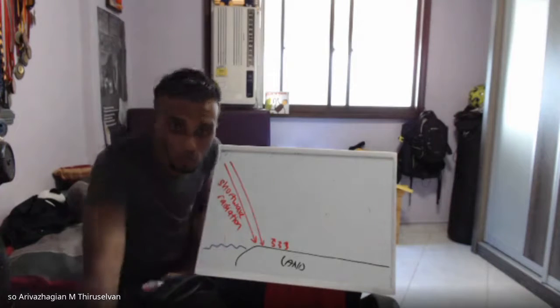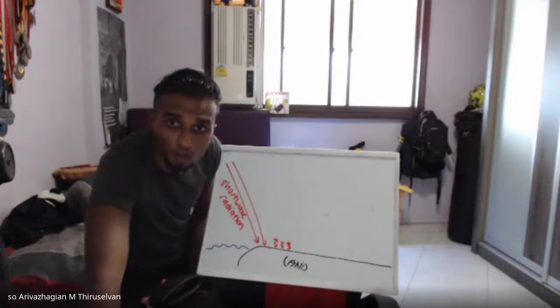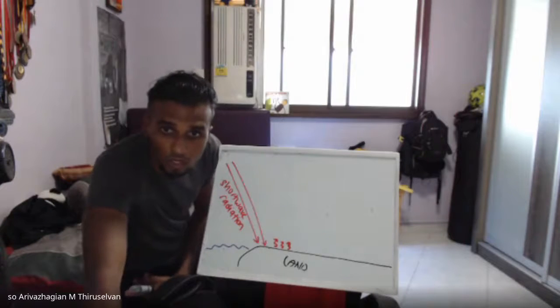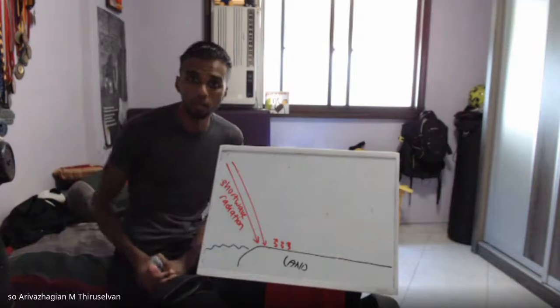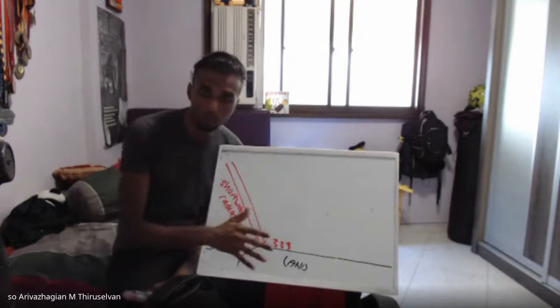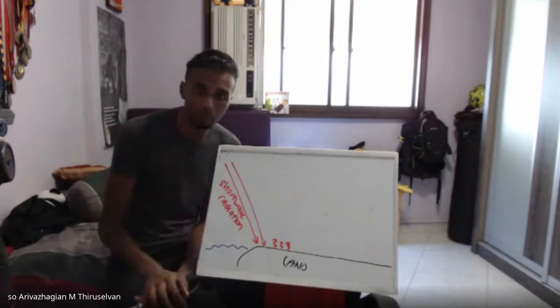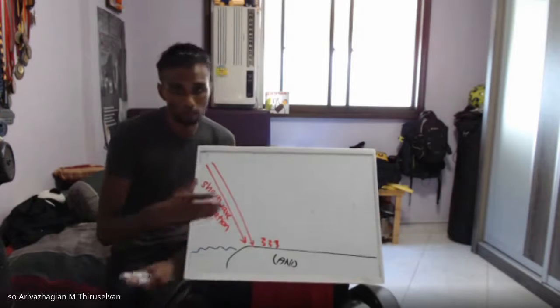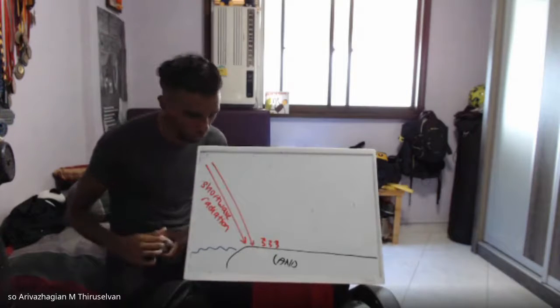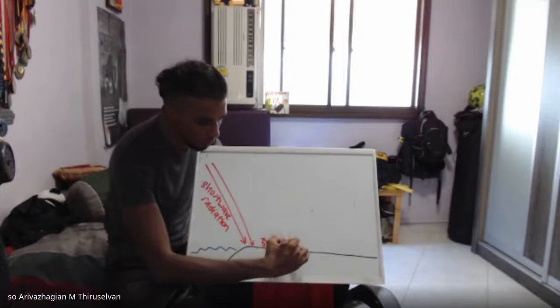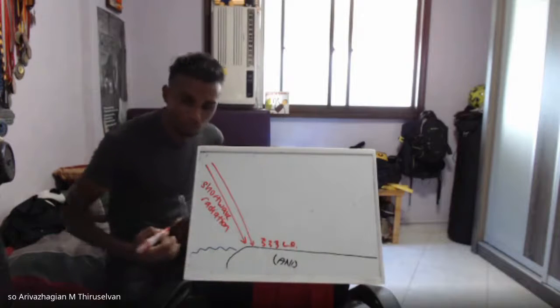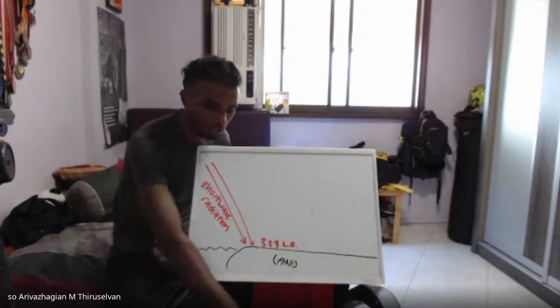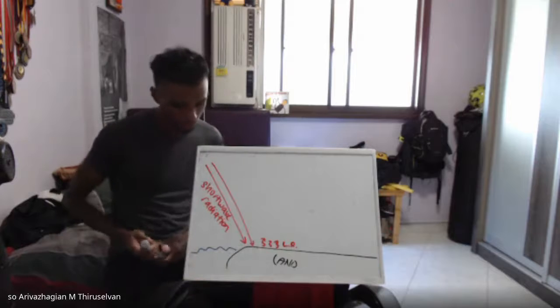I'm not going to go through exactly all the specific words that I put down there, because you can refer to them while I'm explaining. My reason for drawing this is more to explain. I don't have a big whiteboard, so I can only do it in a very small manner. So this will be the longwave radiation, and what this longwave radiation does is heat up an air parcel.